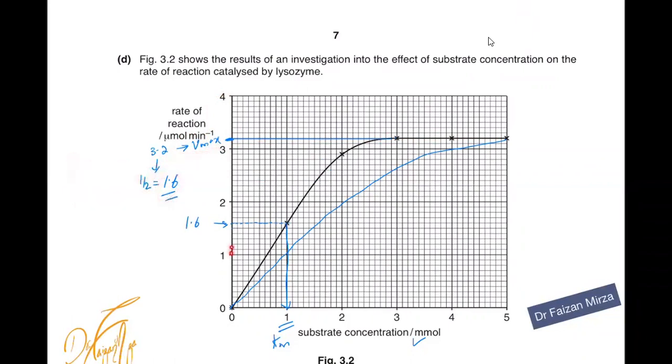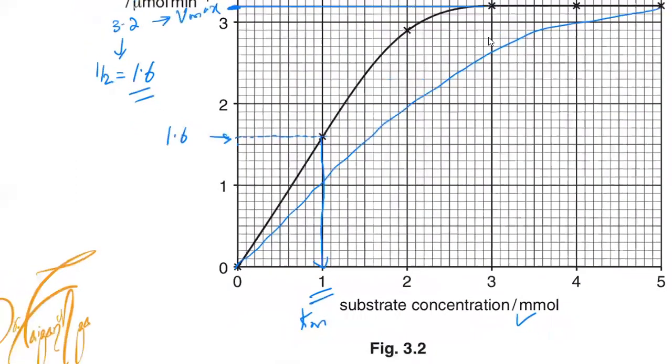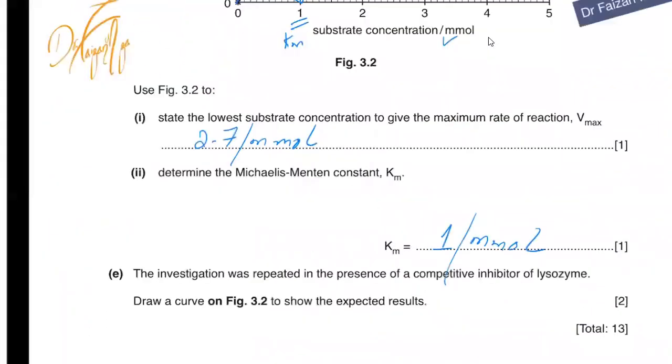I'll look where 1.6 is on the y-axis, draw a line there, touch it on my graph and drop it down to the x-axis. The value on the x-axis will be my Km, and Km is the substrate concentration required to achieve 50% saturation of the enzyme. According to the definition, the value of Km is 1 millimole here. So we write down 1 millimole.